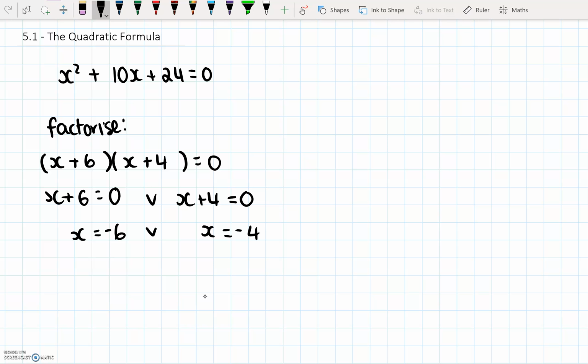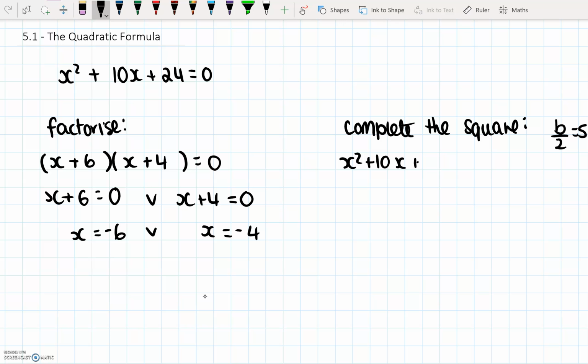All right, we can also solve this by completing the square. In this case, we think of what b over 2 is. b over 2 is 5, since 10 divided by 2 is 5. So we have x squared plus 10x plus 5 squared minus 5 squared plus 24 equals 0.